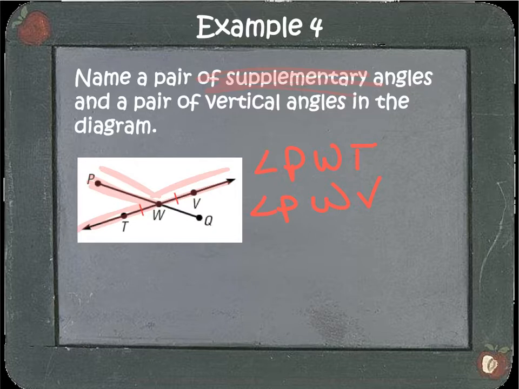There's a bunch on here. David? TWQ and QWV. Good. And we're going to put the little angle symbol, the slanted L looking, in front. So the one he just gave us, let me do it in a different color. He said TWQ matching with QWV.